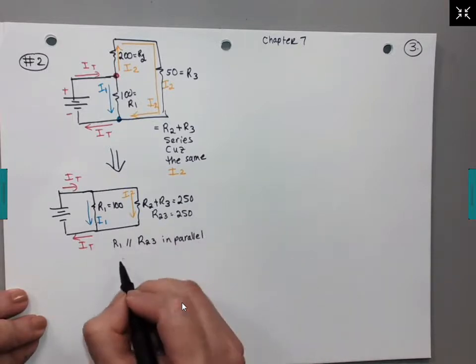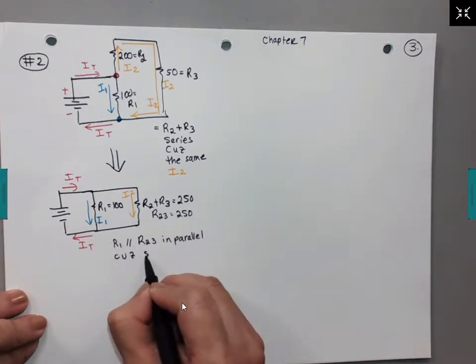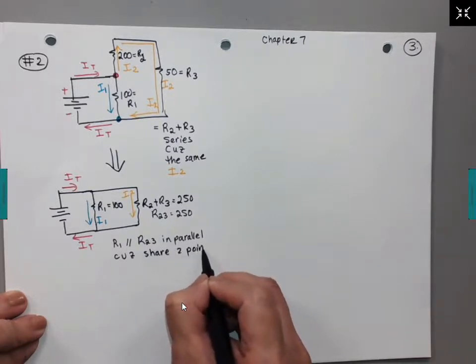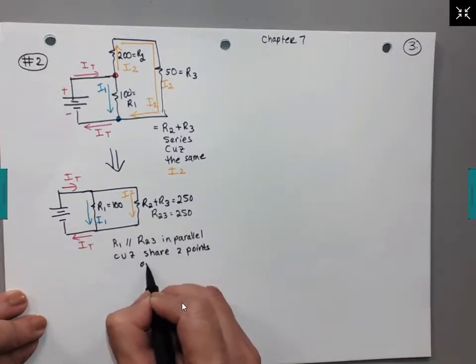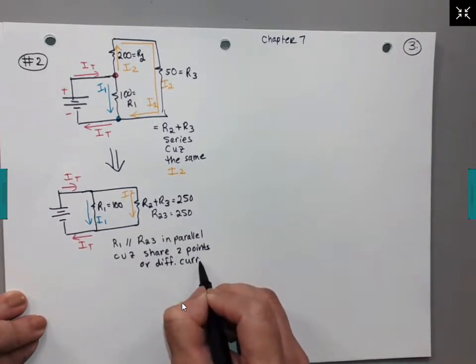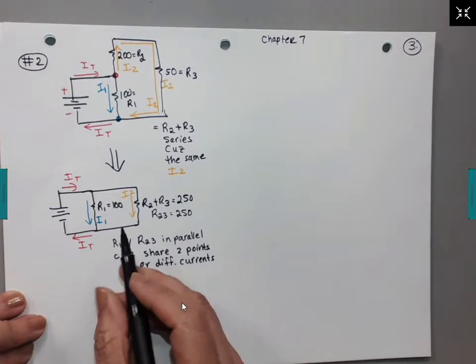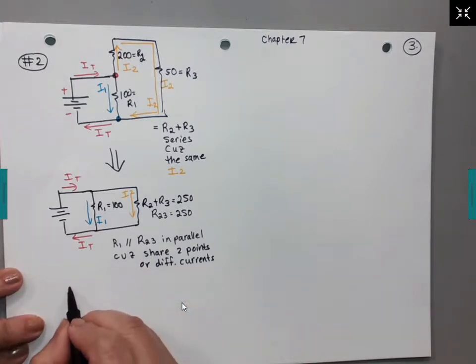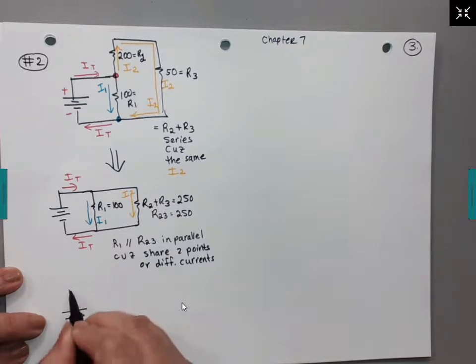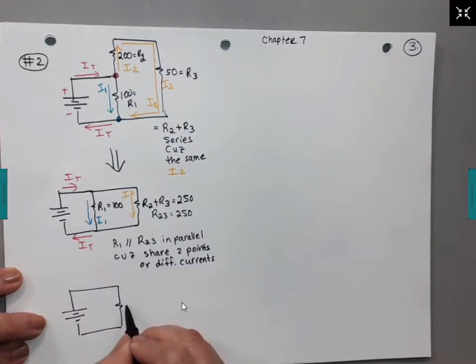Great, I like that one. 2 points, 2 nodes, or they also have different currents. Alrighty, so that means that I can come here, redraw my circuit, and do R1 in parallel with R23.